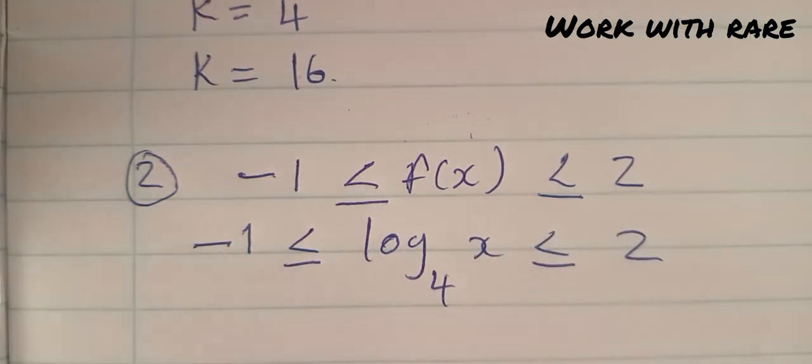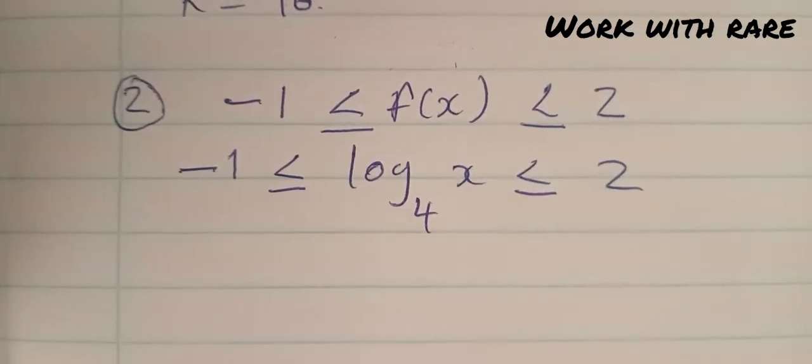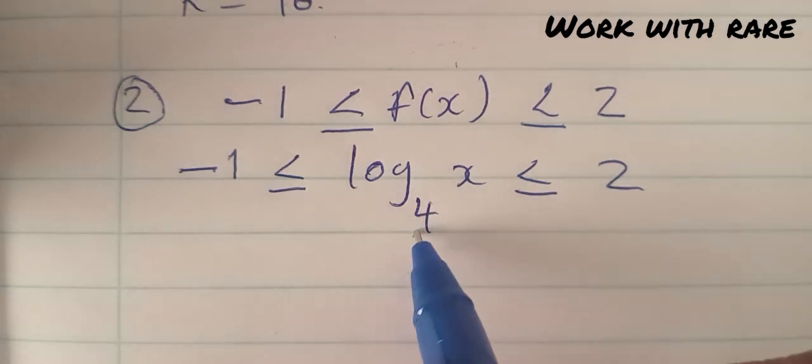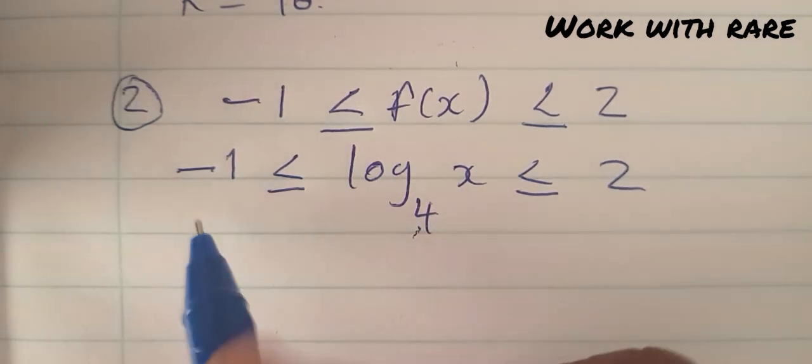Now I want the x values, remember. So for me to get the x values, what I do on this side, I will also do on this side. So you know what will happen after this step. You don't know. Okay, so I will take 4 to the opposite side.